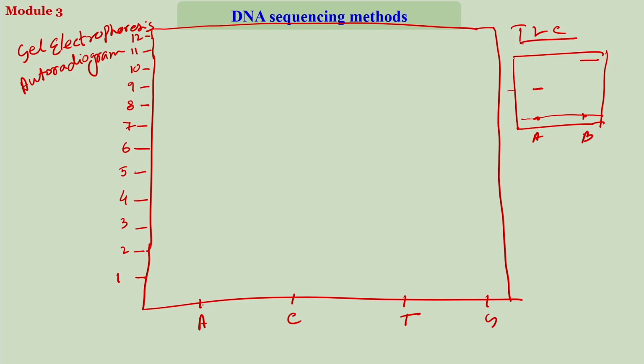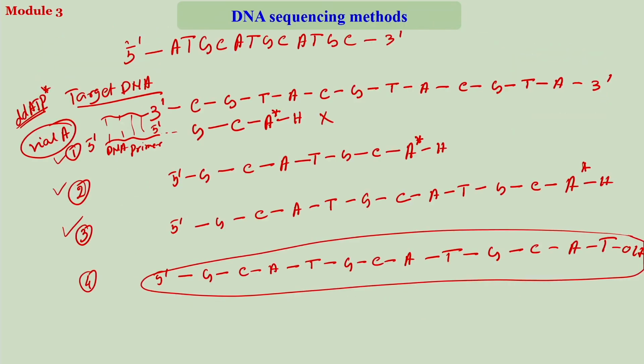Now, look at the A vial and let us see at which lengths you get the spots. It is very simple. In the A vial, this is 3, so 3 bases, I am writing 3B. This is 7 bases, and this is 11.